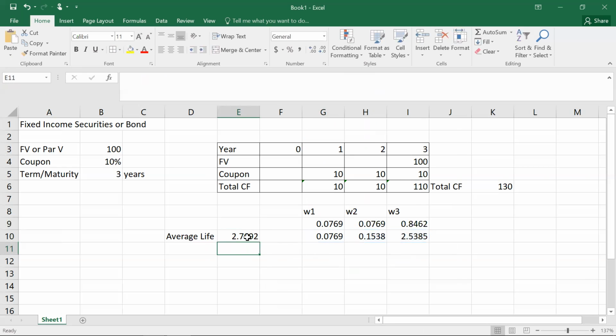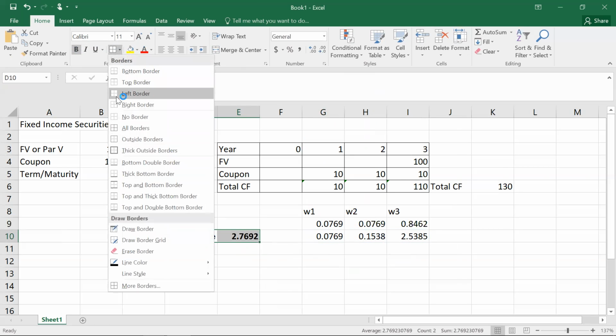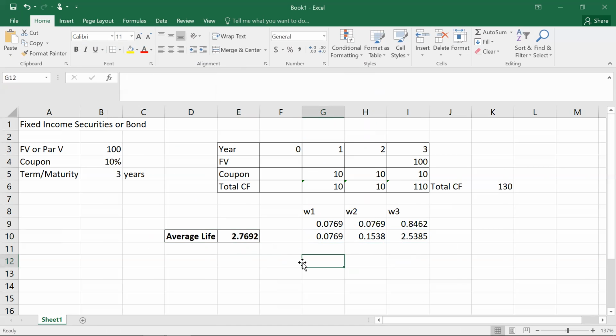So how much it is? 2.7692. Okay, so this is what we have derived now, is the average life. And average life of this bond that is maturing in 3 years is 2.7692.